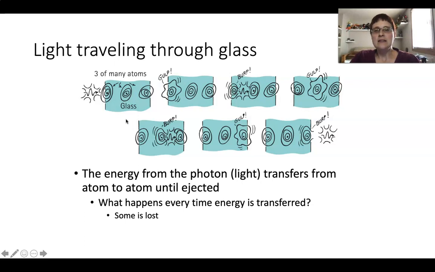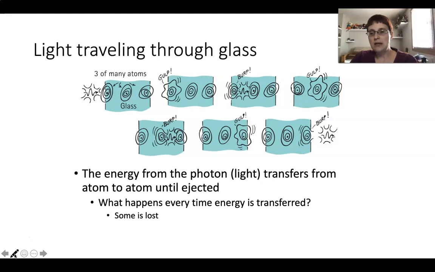The thing is that when this happens, it slows down the light because it has to travel from atom to atom to atom. And the denser the solid, so between glass and diamonds, diamonds are much denser, the atoms are much closer together, the light energy has to be passed from one atom to the next, and in diamonds there are more atoms that it has to be passed to.